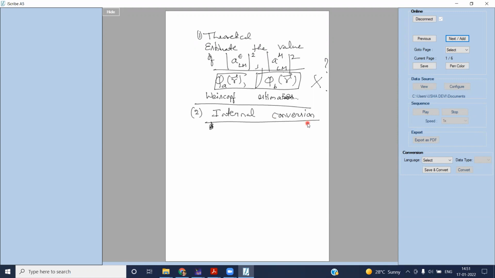And internal conversion is another chapter on how the nucleus interacts with, let us say, an electromagnetic field. The nucleus is in an excited state. It comes to a lower state, but it doesn't emit a gamma ray.